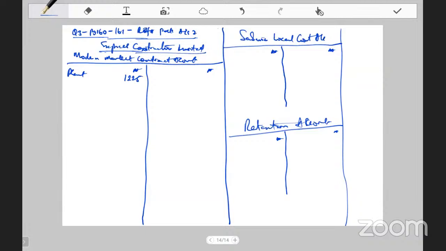Next item, what do I have? Wages. How much? 390. Next? Materials. How much? 1,495.